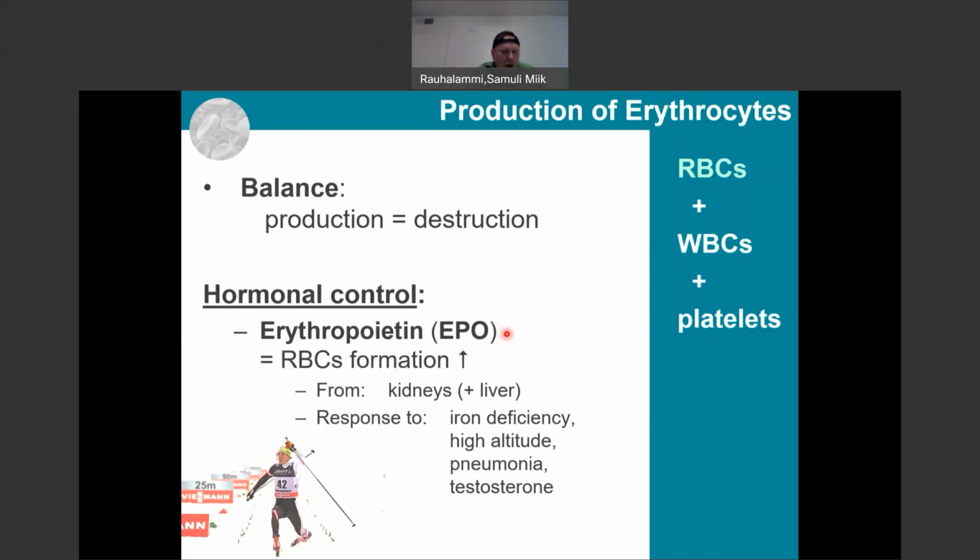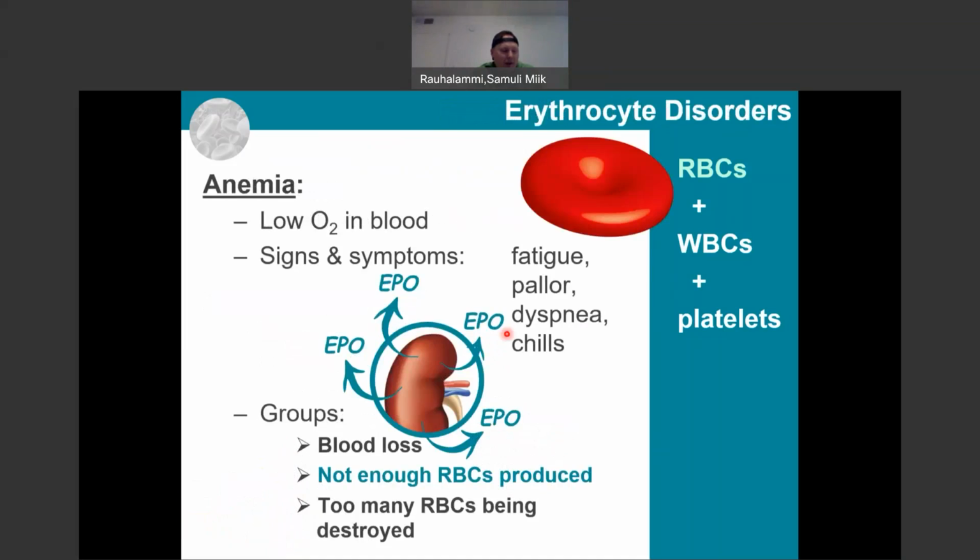What I wanted to talk just a little bit about was, before we jump to talk about that, just remind ourselves that the lifespan of a red blood cell is somewhere between 100 and 120 days. They eventually get broken down into various different components that we can then reuse.